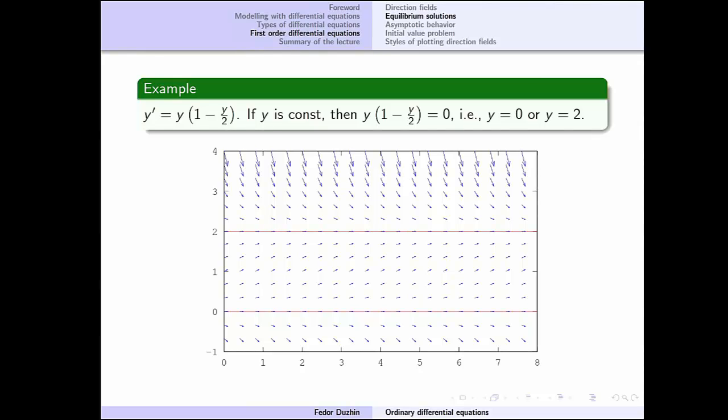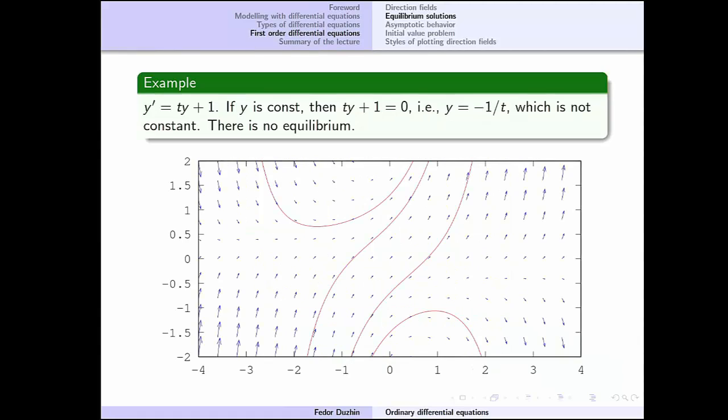Alright, here is another example of how we can find equilibrium solutions. So here is the third example, right? Here it is a little bit more complicated. Notice that the right-hand side depends not only on y but also on t.